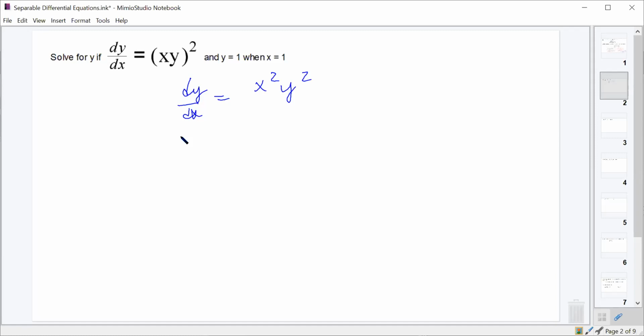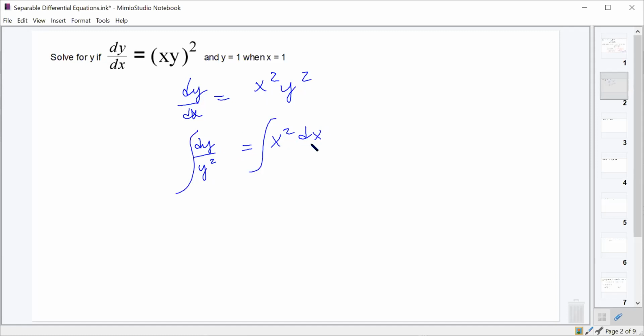What should we do now with it? Separate it. So bring the dx to the right hand side, so we'll have x squared dx, and bring the y squared to the other side, so we'll have to divide by y squared, which will give us dy over y squared. And then we will just integrate both sides.